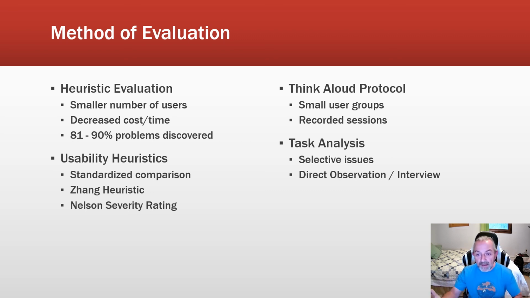Also, I think that the ideas of this think aloud protocol and the task analysis would also do a very good job of facilitating having the actual nurses involved in this situation to be able to have their opinions inputted into the redesign process.